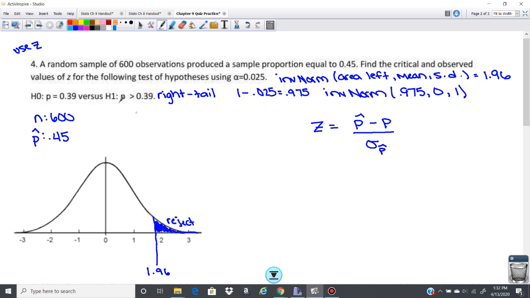The standard deviation of p hat is going to be the square root of p times q over the sample size. For us, p is 0.39. If p is 0.39, then q is going to be 0.61.